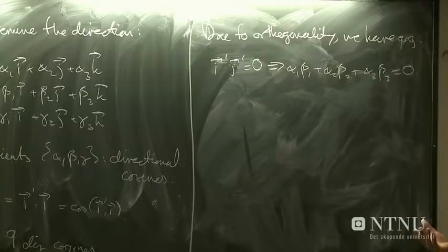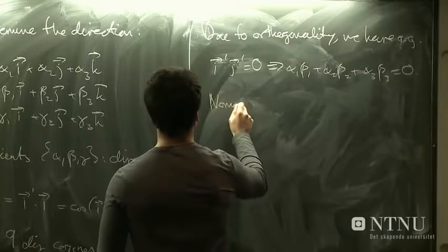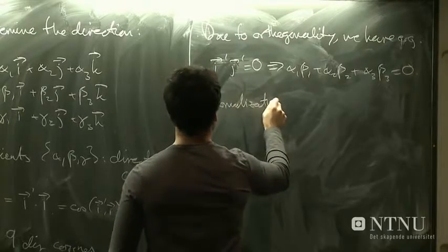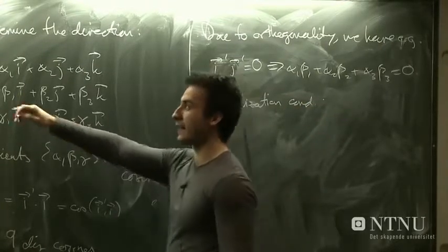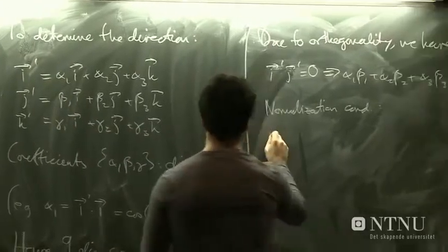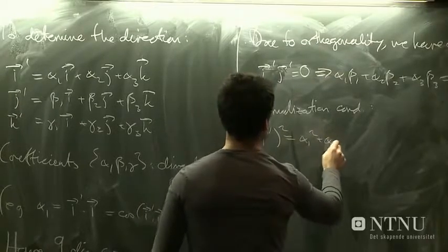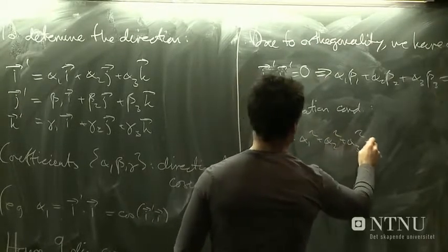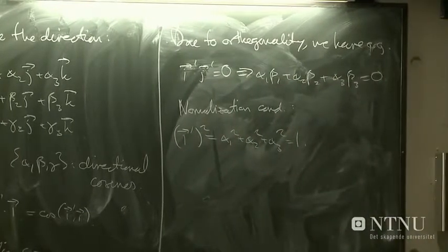So we have 3 orthogonality conditions, but in addition, we have a normalization condition. For instance, i' squared should be equal to 1 because it's a unit vector, and similarly for j' and k'.